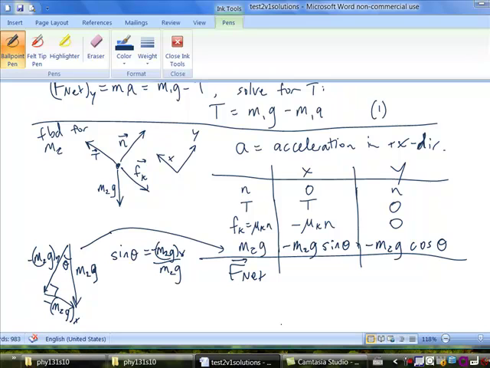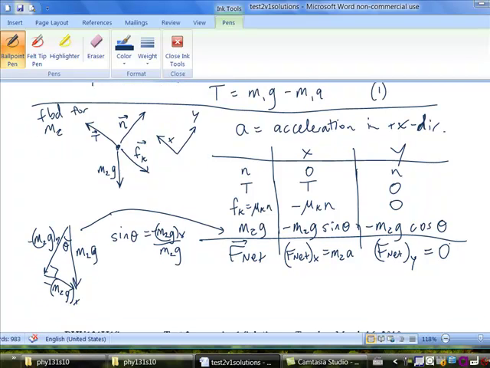Okay. And I know that F net in the x direction is going to be equal to m2, this is object 2, times its acceleration. And F net in the y direction is, do you know it? 0, right? It's not accelerating in or out of the plane. So that's the nice easy one.